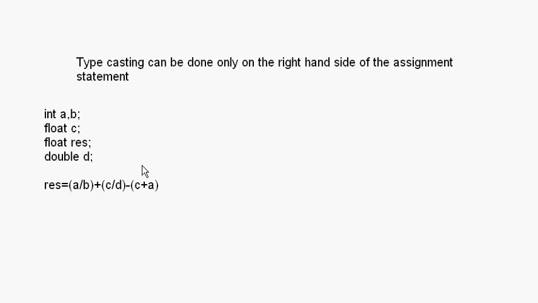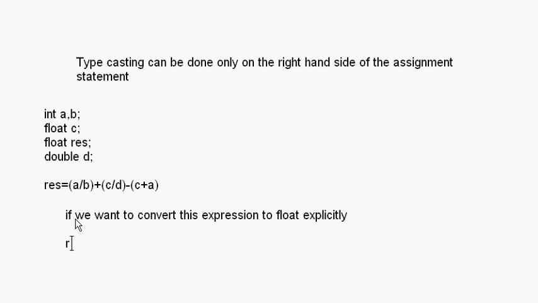Now instead of writing like this, if I want to convert this whole expression into a float, if we want to convert this expression to float explicitly, then how will we do it? Res is equal to, we'll write float here, this is the type conversion.